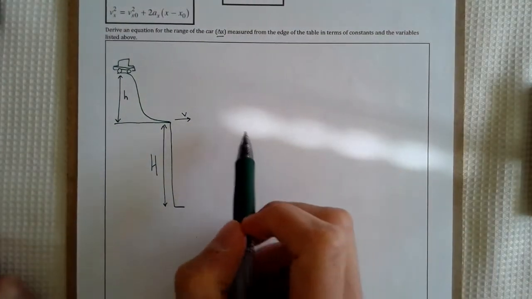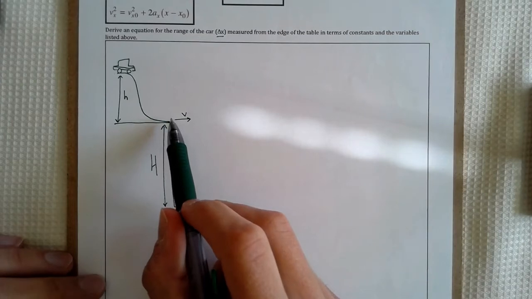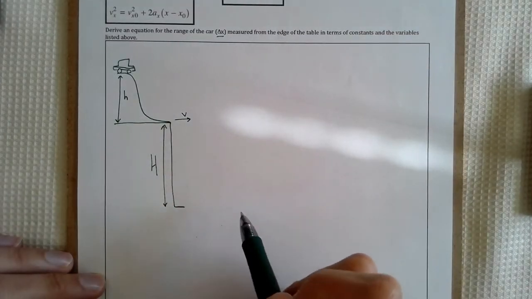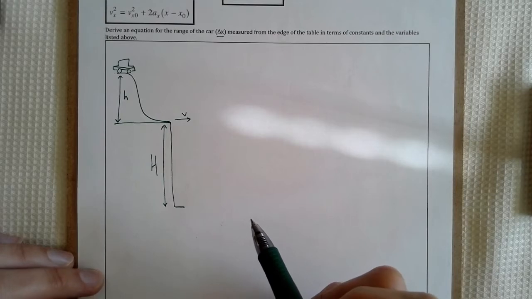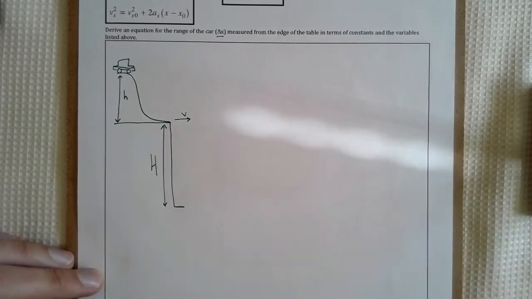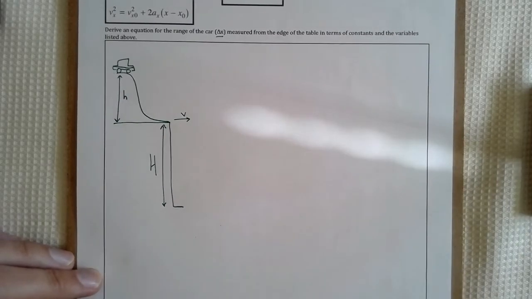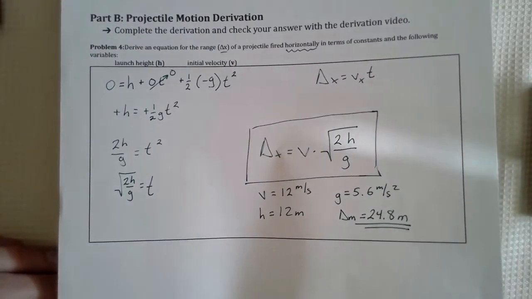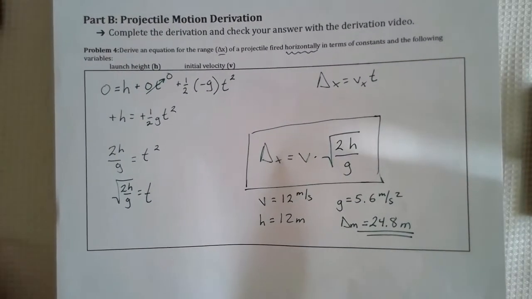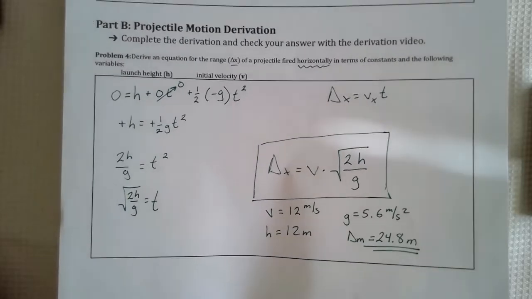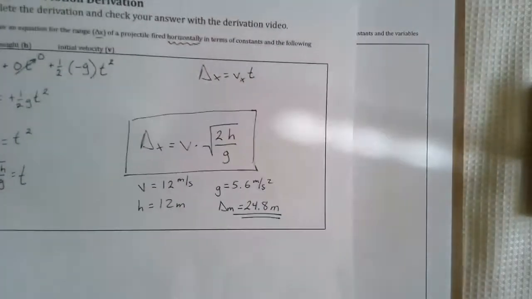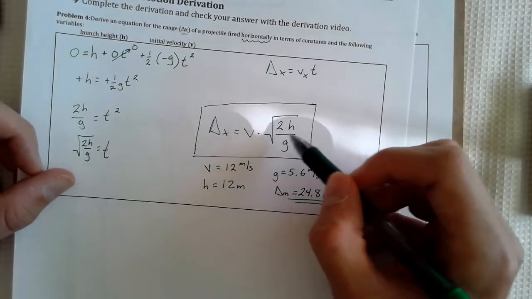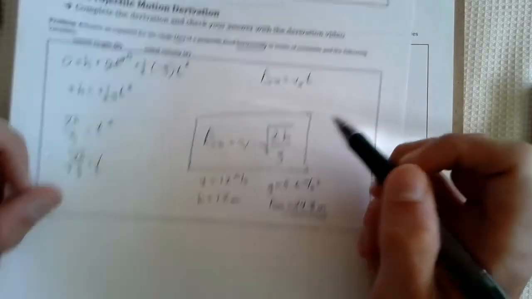So the second half of this problem, when the car becomes a projectile and leaves horizontally, that's going to be pretty familiar. We actually just derived a version of that equation on a piece of paper that I still have. So if you want, maybe we can just copy that one there. This derivation for the range says there's velocity times root 2h over g.